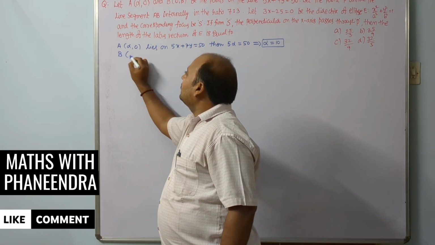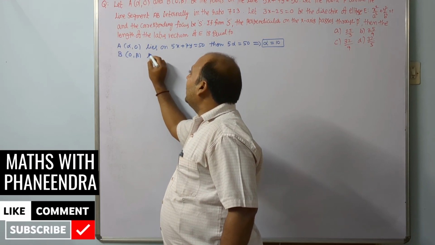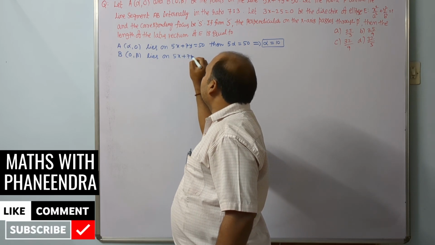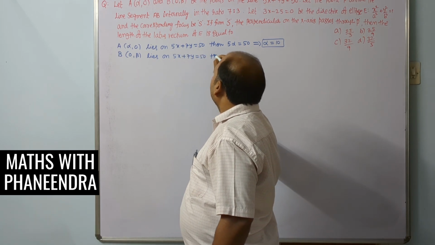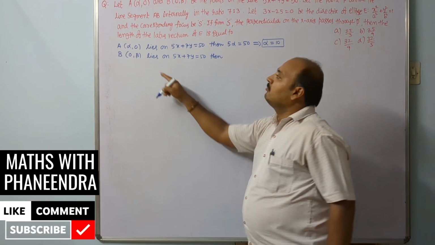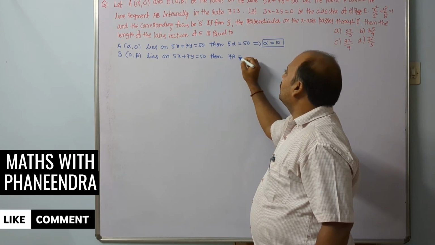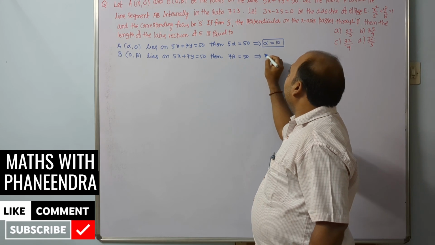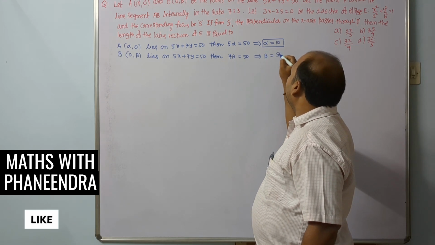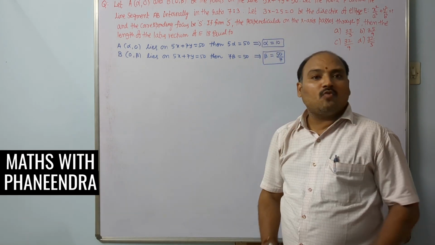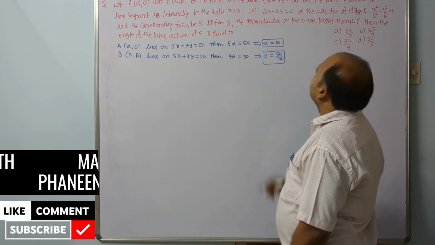Similarly, B(0, beta) lies on 5x plus 7y equal to 50. Then x equal to 0, so 7 beta is equal to 50. That implies beta equal to 50 by 7. Alpha and beta values, we got it, dear students.